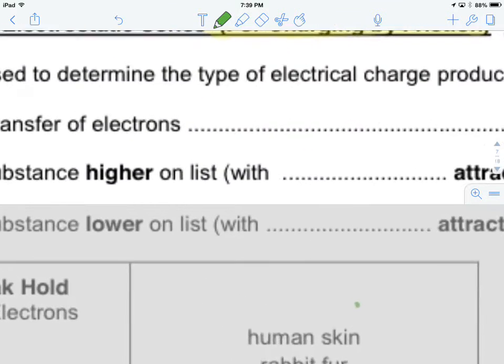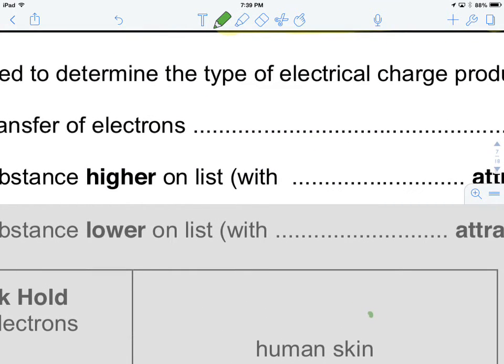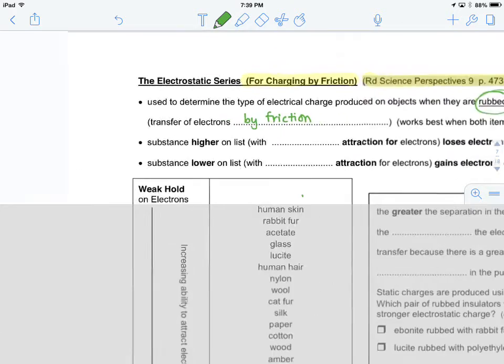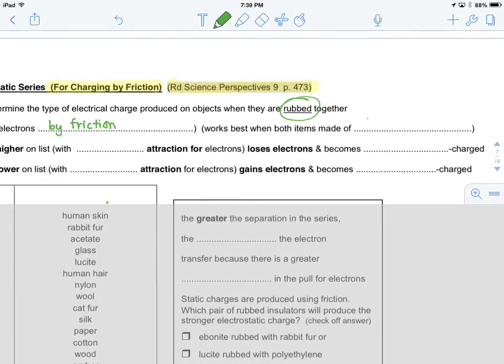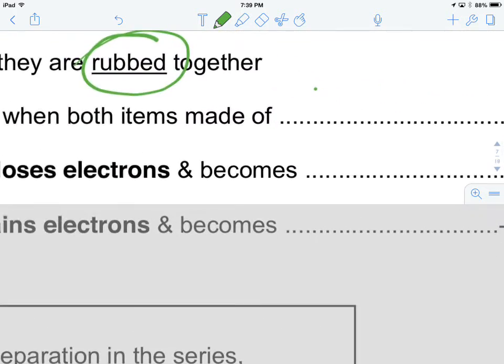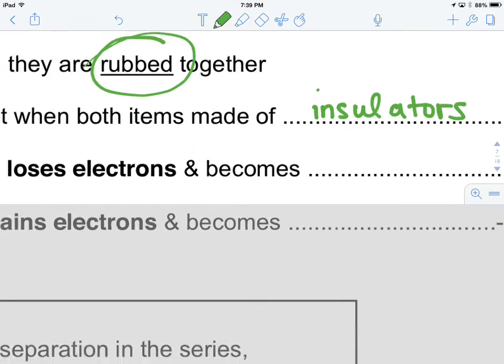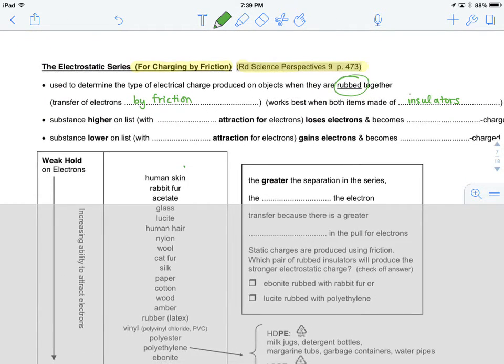Okay, so the transfer of electrons by friction works best when both things are made of insulators.